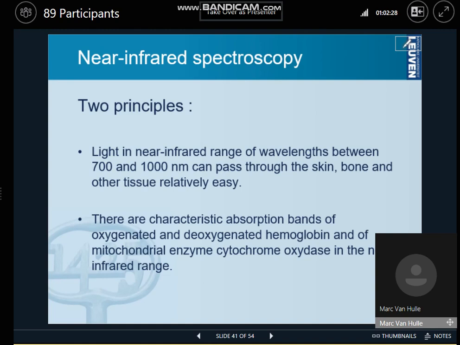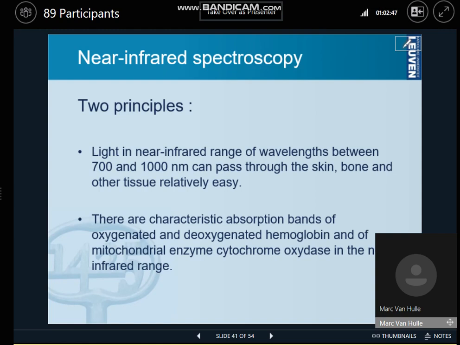Indeed, on slide 41, you see the principle. So light is shining of different wavelengths, in the range between 700 and 1000 nanometer. It's going, as I said, through the skin, bone, and other tissue, and of course into the more superficial brain tissue.